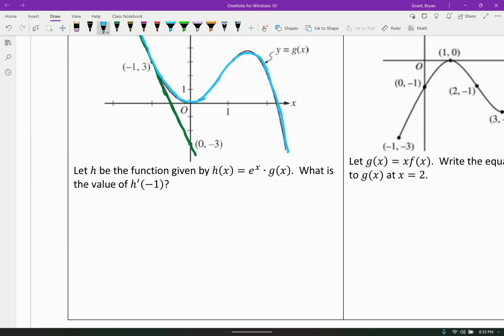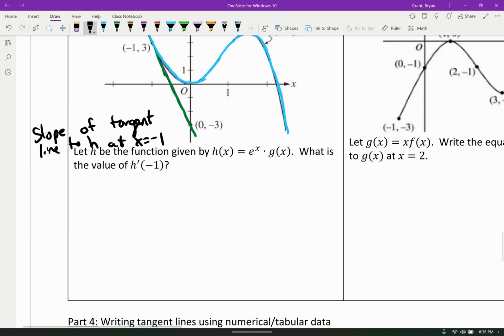Now you might be looking at this going, oh, does this mean we want to write the equation of the tangent line of h? No. In fact, what they're actually asking for, in slightly different words, is they want the slope of the tangent line to h at x equals -1. Right?